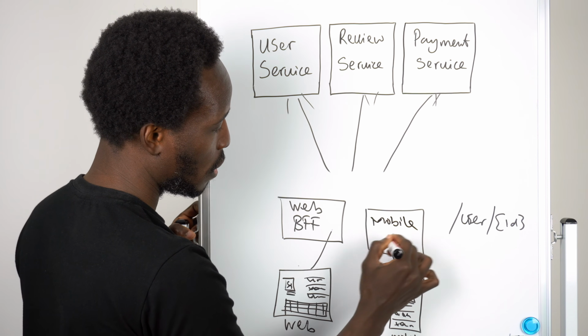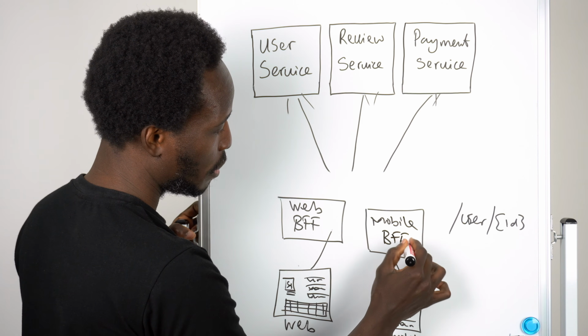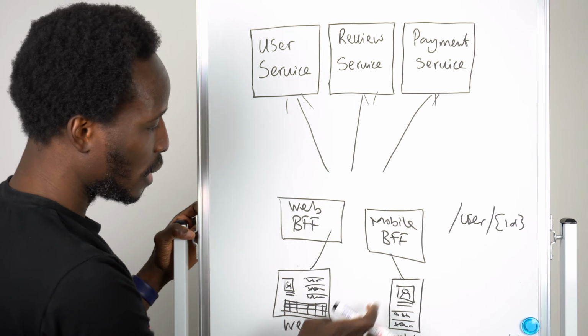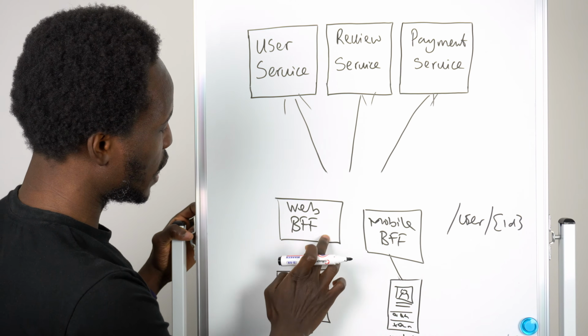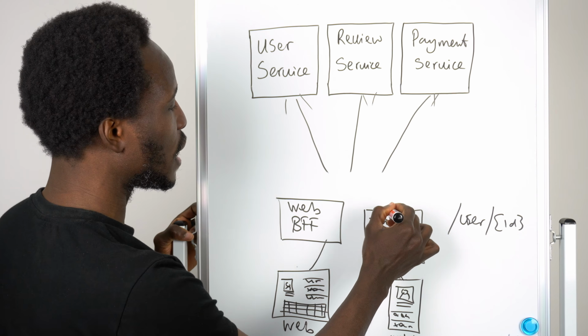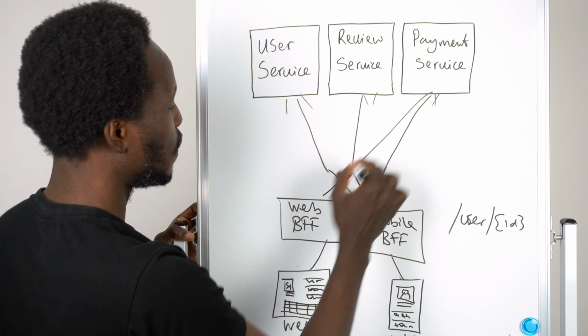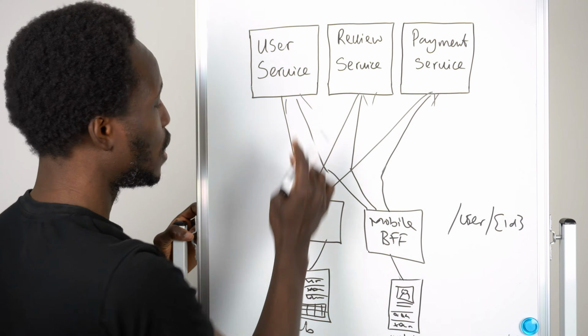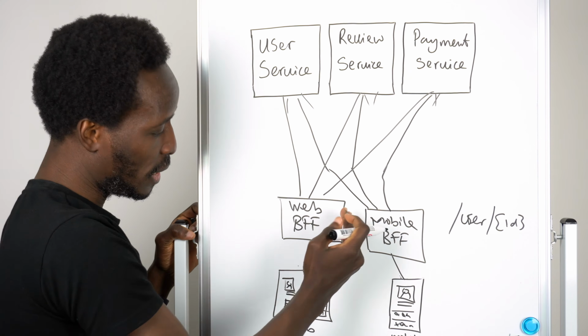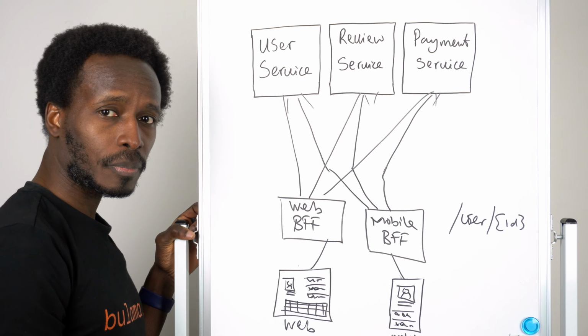So the BFF for the mobile app does a similar thing, takes requests from the respective clients, and on behalf of these clients, right, it makes necessary calls to the backend services, gets the data, composes a response, and sends it to your respective client.